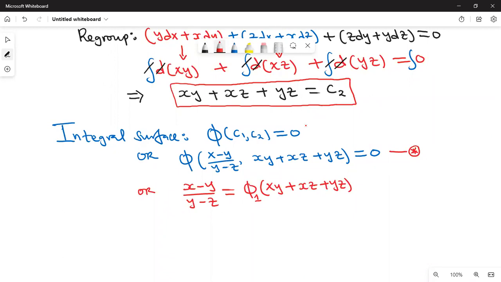I have factored out the first parameter, or somebody could factor out the second parameter. So this thing can also be written as xy plus xz plus yz is equal to phi 2, just an arbitrary function, phi 2 of (x minus y) over (y minus z), etc. So phi 1, phi 2, those are arbitrary functions.